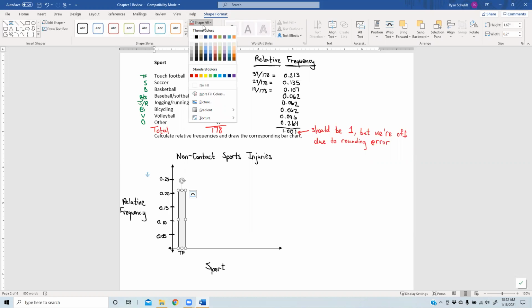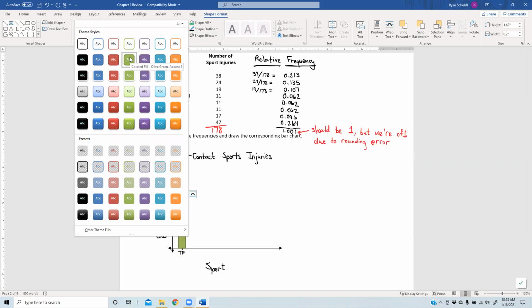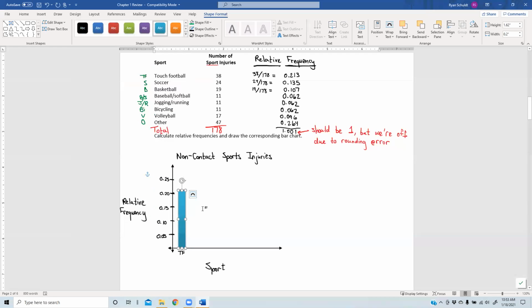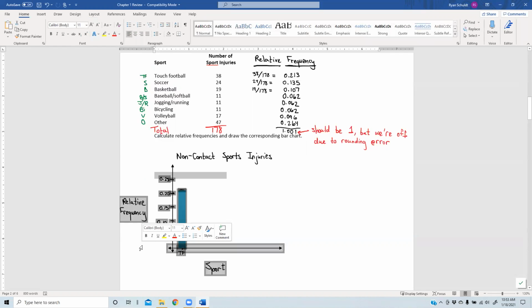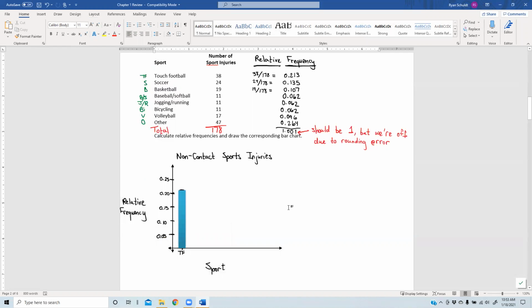And let's fill this. Okay, so there's touch football.